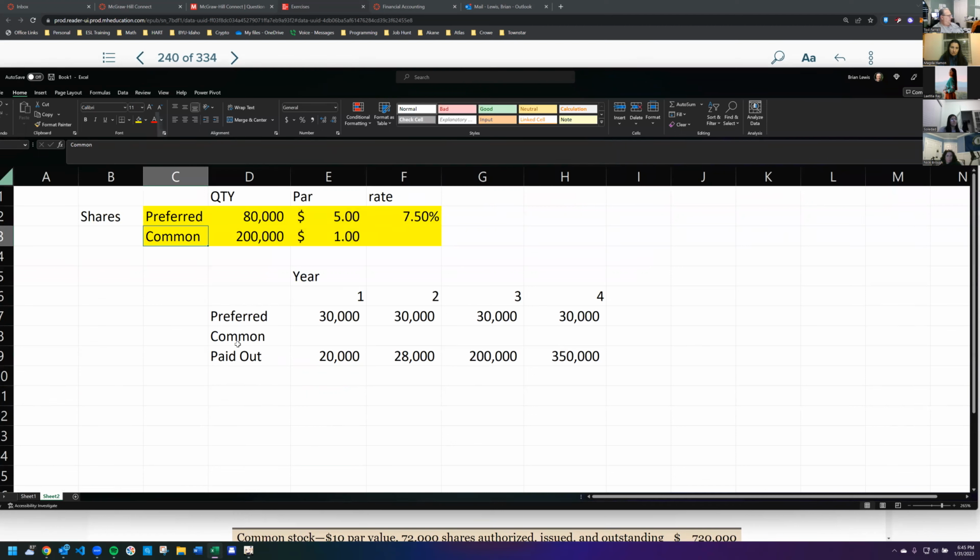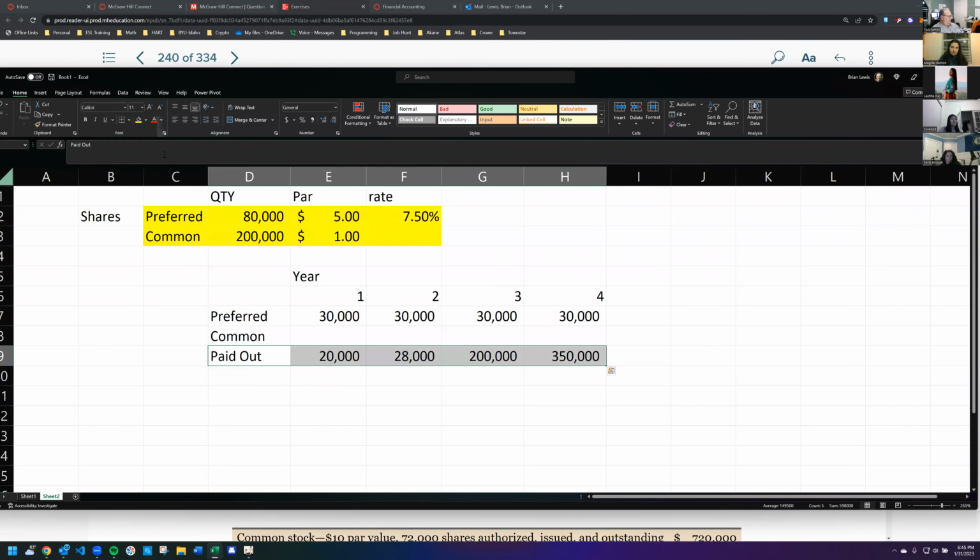These are the pieces of information you're given. Sorry, for some reason that didn't happen. So you had to calculate this part for preferred, and that's by taking the quantity of shares times the par value times the rate. Their annual, we call it an interest rate, if you will, on preferred.